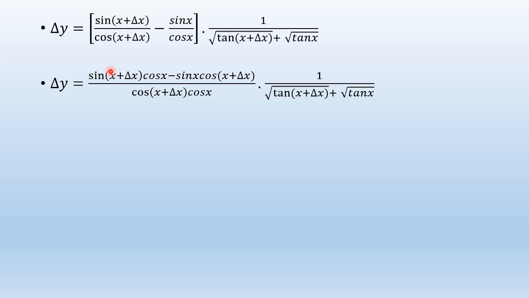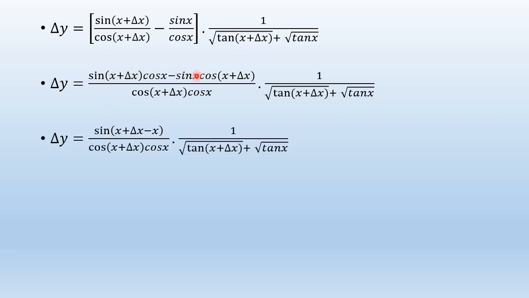This is the formula of sine x plus del x cos x minus sine x cos x plus del x. So this is the formula of sine alpha cos beta minus sine beta cos alpha, that is sine of alpha minus beta, while this is in place of alpha and this is in place of beta. So we are going to write it like sine of x plus del x minus x. Here you can see.